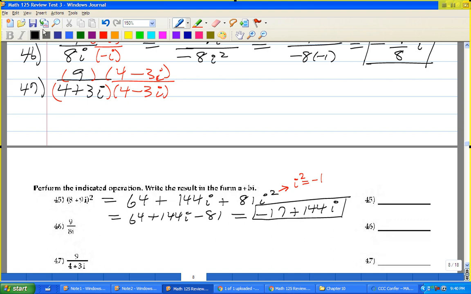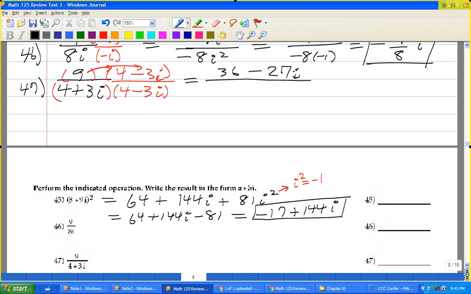And so if I multiply the 9 inside the parentheses, I get 36 minus 27i divided by, this again is the product of the sum and difference of two terms.